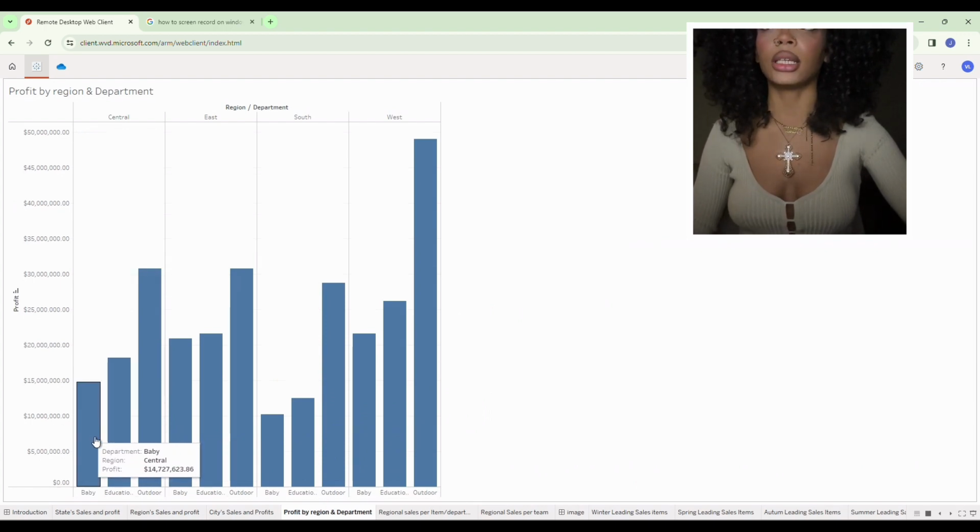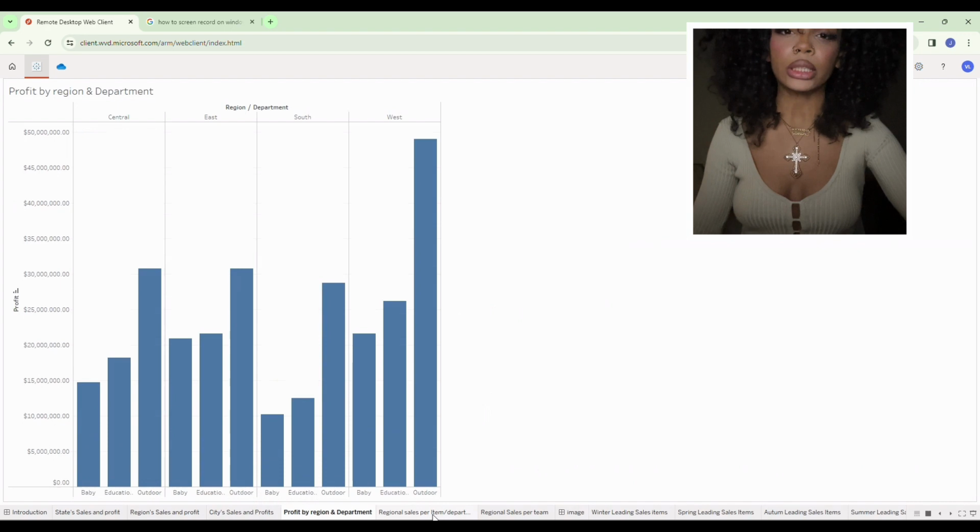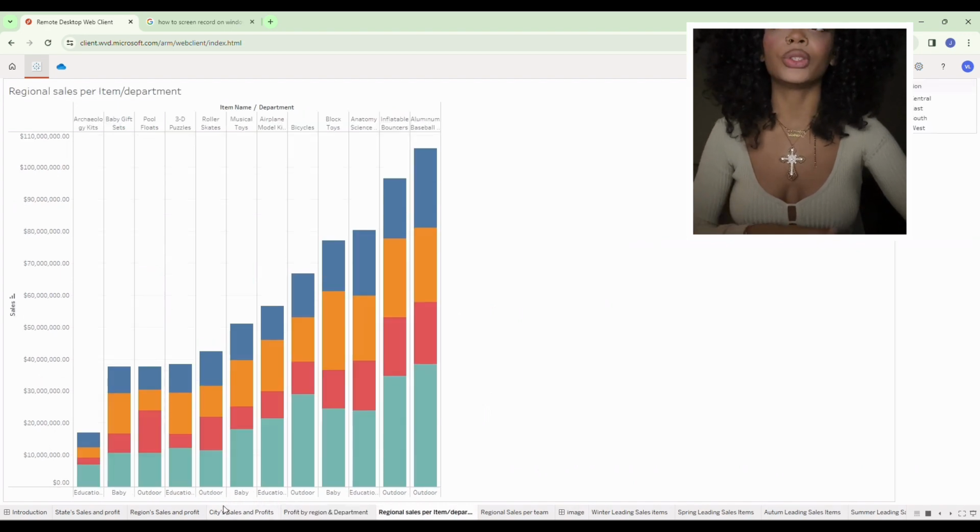The next slide is regional sales per item and department. So with this, it just gives a more detailed look into the regional sales while also showing the department, while also showing each individual item. Through showing which items are performing the highest, that could show you information about what your top product is.